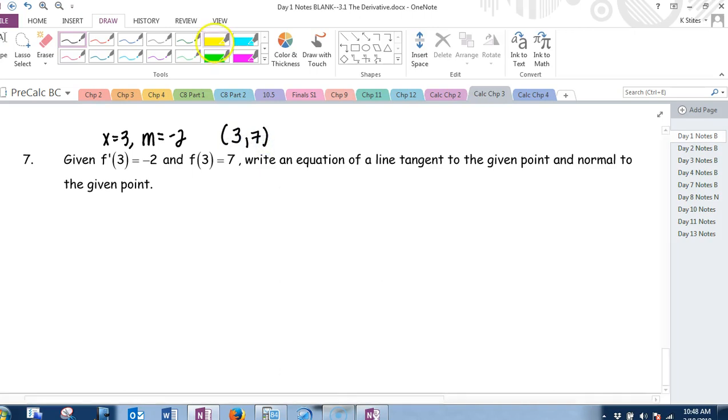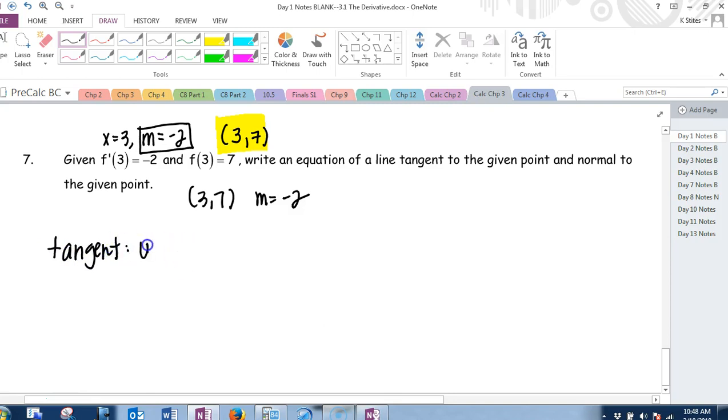So look, you have everything you need. You have a point, and notice x is 3, x is 3. You have the slope at that point. So, I mean, that's all you need. Tangent, we'll say y minus 7 equals your slope was -2, x minus 3.